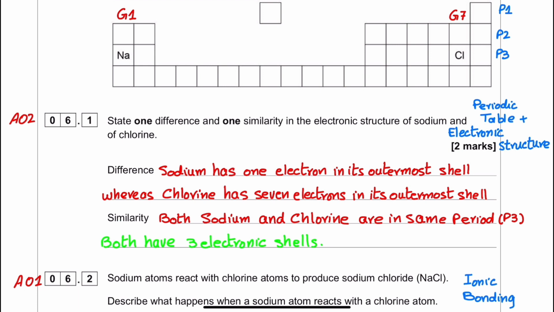Period number 3 means both of them have 3 electronic shells. So that is a similarity between them. Students can use this option for similarity, or even write this one, to get 1 mark.